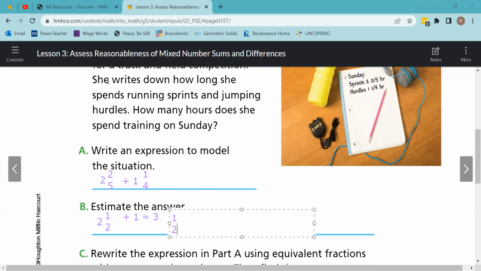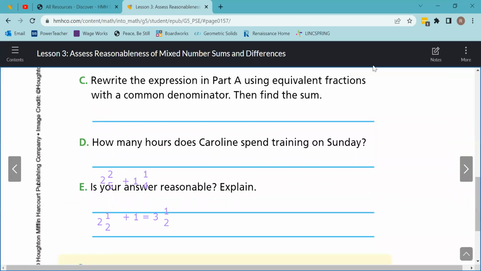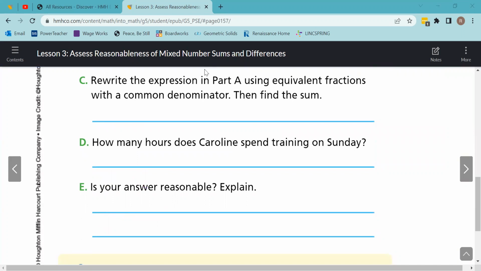Okay, letter C, rewrite the expression in part A using equivalent fractions with a common denominator and find the actual sum. Alrighty, I have to double check. We have 5ths and we have 4ths, so let's use 20ths. So 2 2/5 plus 1 1/4, I believe.